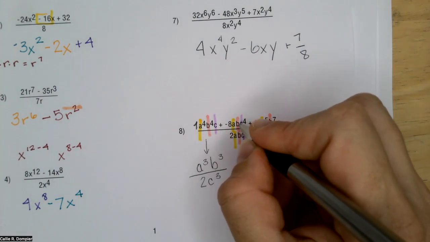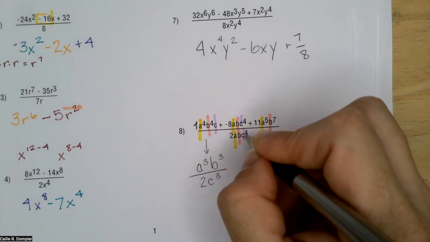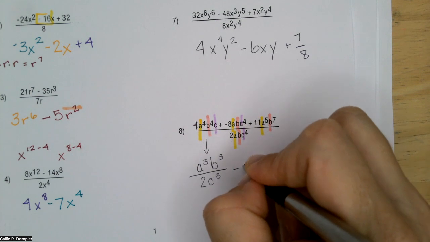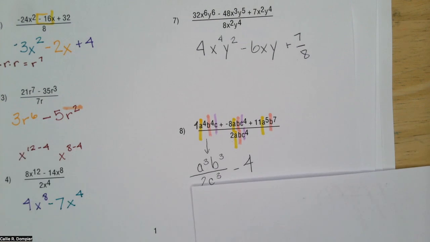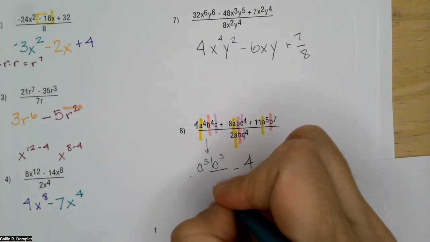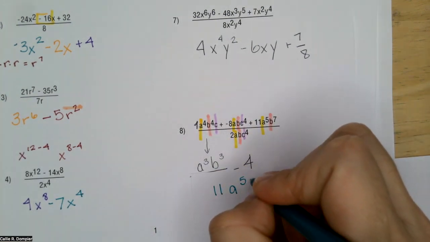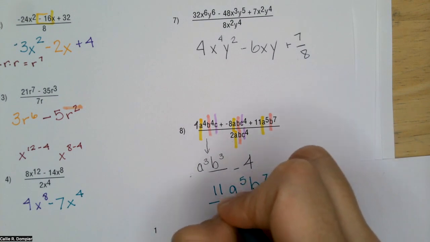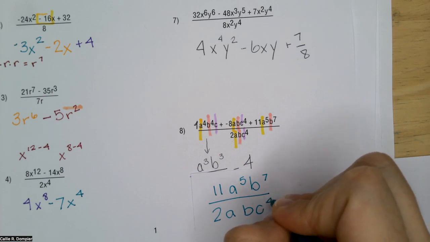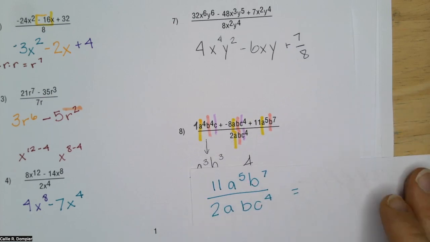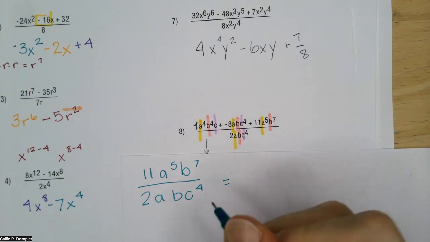Plus negative 8 a b c to the 4th divided by 2 a b c to the 4th is negative 4, or minus 4. And then we have 11 a to the power of 5 b to the power of 7. 11 is a prime number, so we can't factor it.